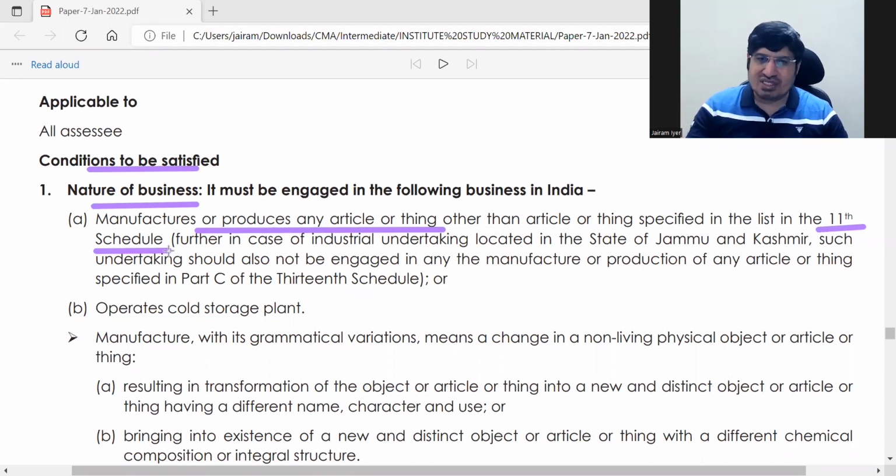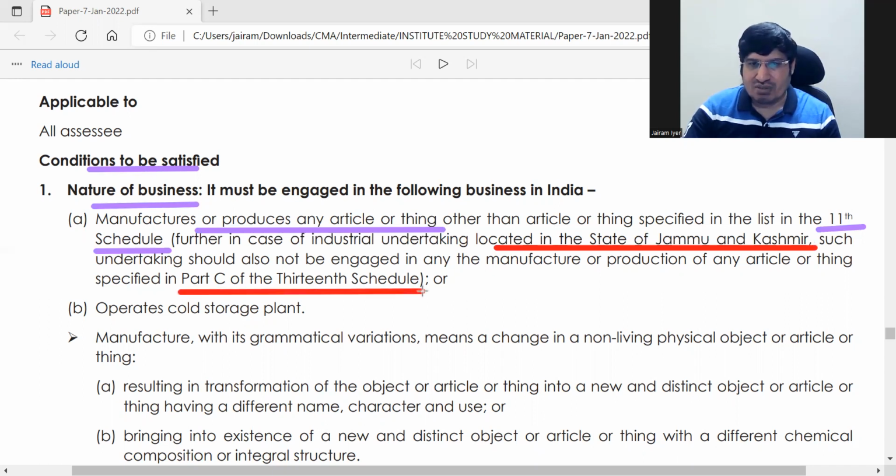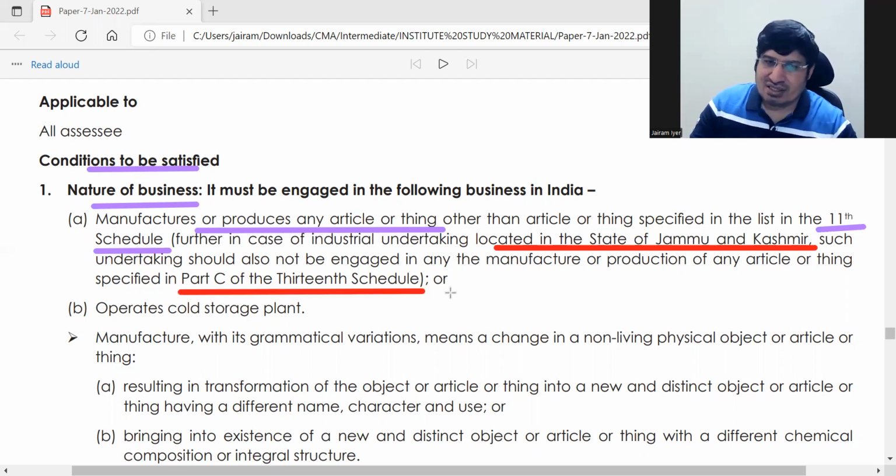And if your undertaking is located in Jammu and Kashmir, then you have to exclude items of part C of the 13th schedule, things like cigarettes, liquor, etc. So generally it has to manufacture and produce any article or thing, except 11th schedule items. And if it is in Jammu and Kashmir, 11th schedule items will be excluded, plus part C of the 13th schedule, that is cigarettes, liquor, those things will also be excluded.